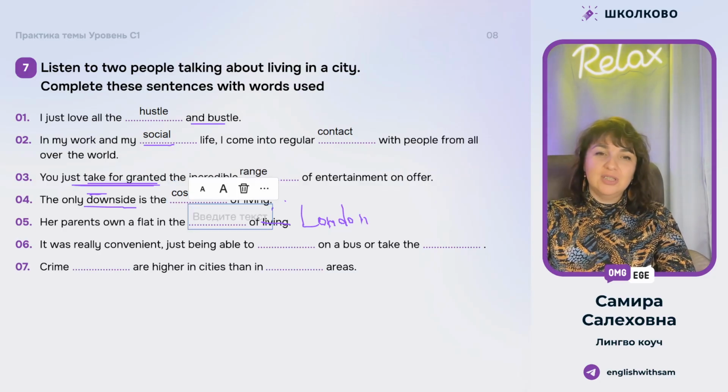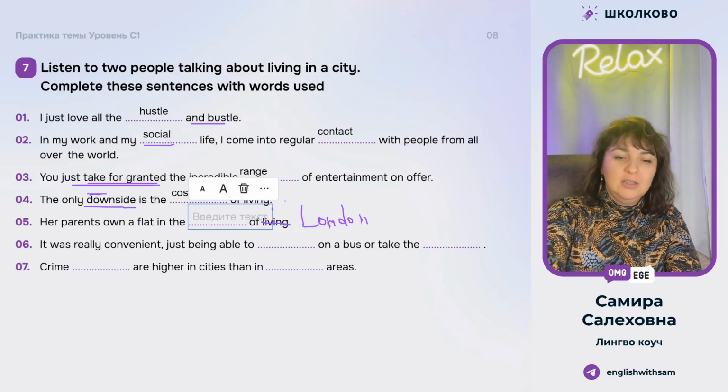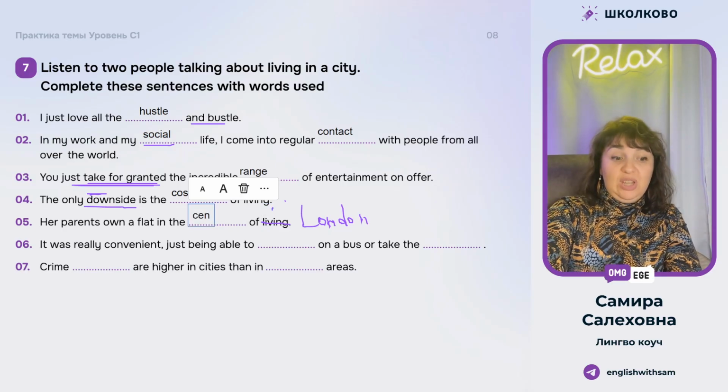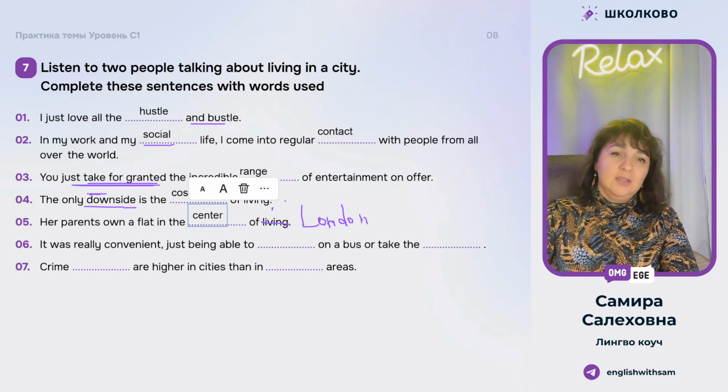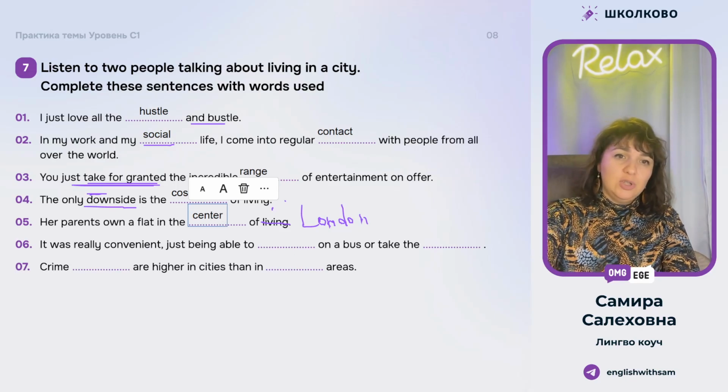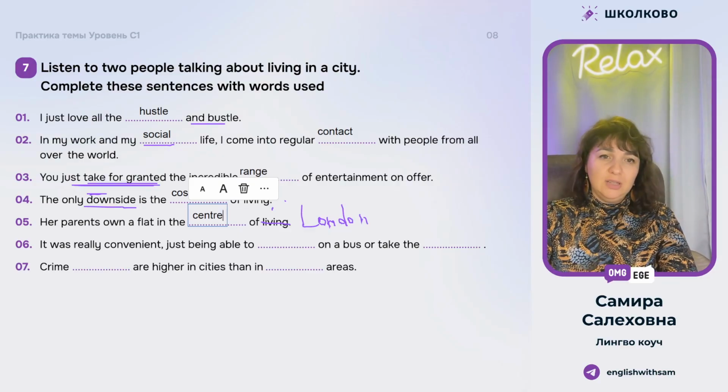Все-таки опечаточка здесь. Так. Это было тоже просто, наверное, потому что это центр. Center. Ну, можно, кстати говоря, так, а можно вот так. Center of London.